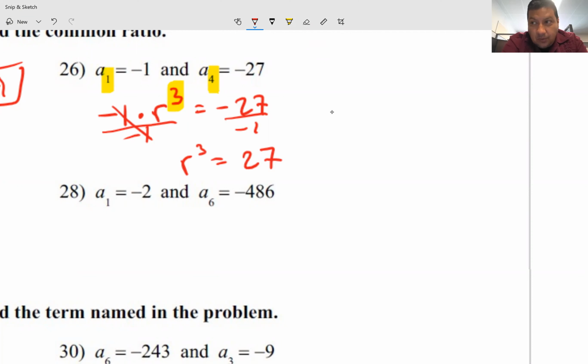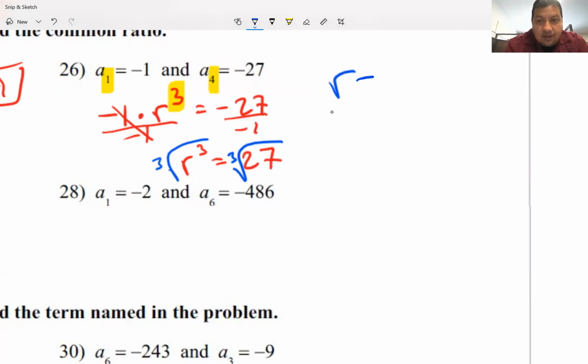We know that addition and subtraction undo each other, and multiplication and division undo each other. The opposite of an exponent is a root. In this case, I'm going to do the cube root. I'm thinking which number multiplied by itself 3 times gives me 27. I'm just going to say R is equal to 3. The cube root of 27 is 3.